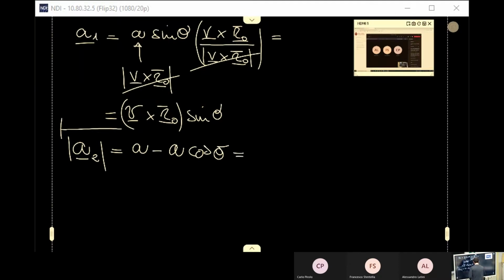So if we group it, it's basically 1 minus cosine of theta times a. And if we use the renowned formula of trigonometry, this can be written as 2a times the square of the sine of theta divided by 2.